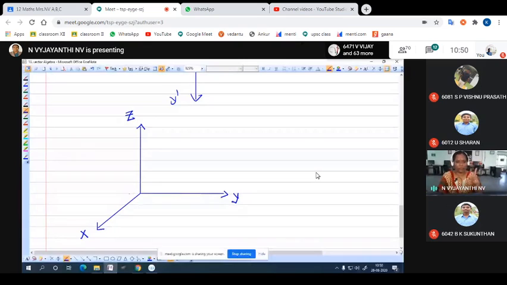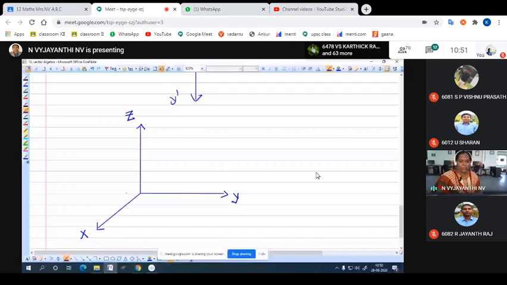So you have to open your left hand like this, and you can take the thumb as x, finger as y-axis, and this as z-axis. Then the pointing finger and the middle finger, whether it satisfies the XYZ axis.